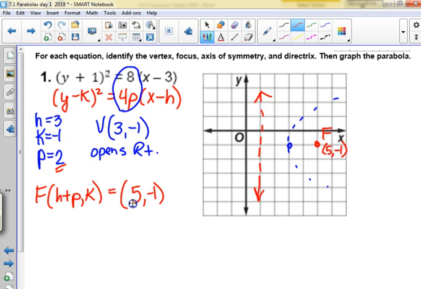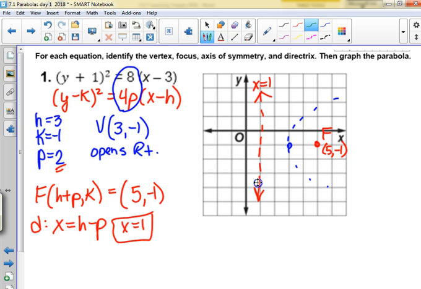That's the focus. The directrix, according to the sheet, is a vertical line x equals h minus p, which is 3 minus 2, so x equals 1. Is that where we drew it? And what did I skip?